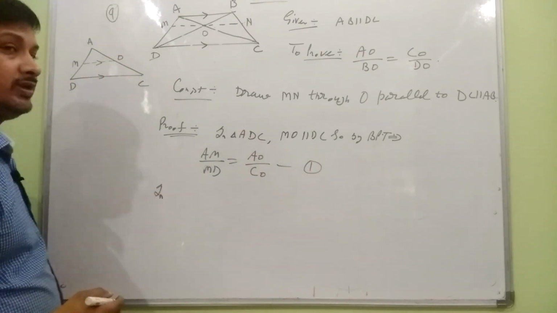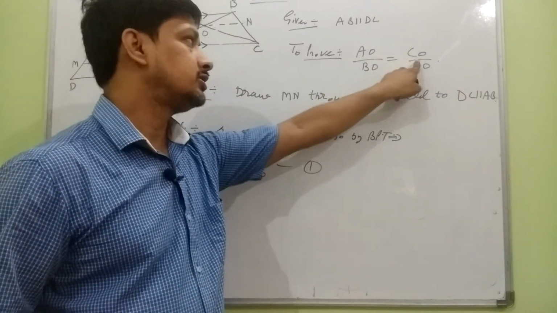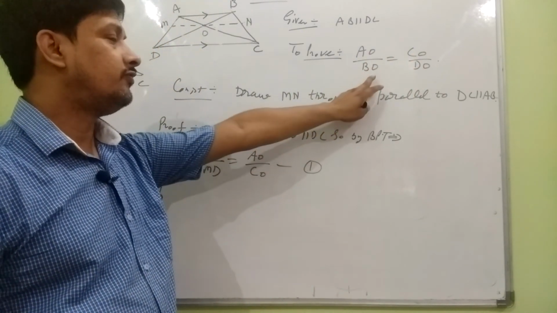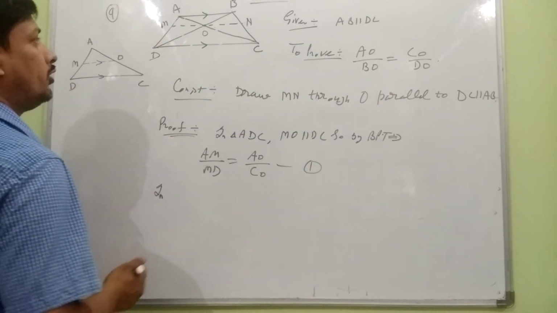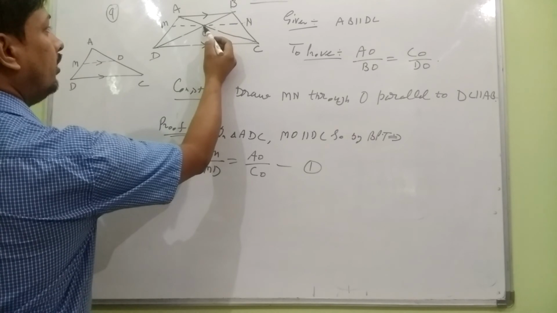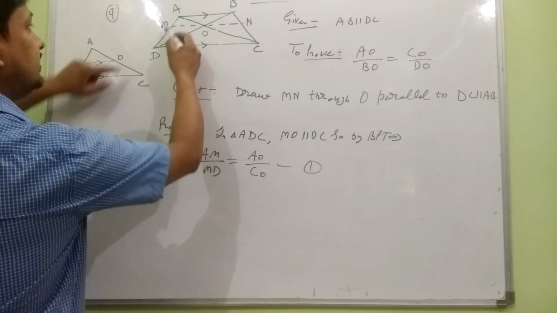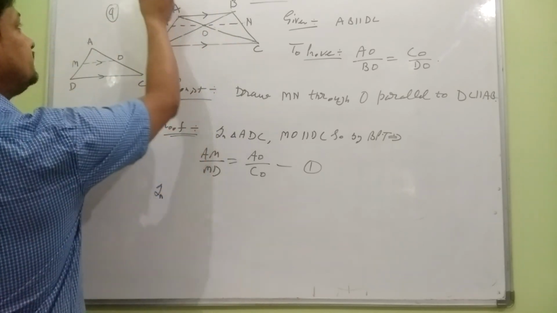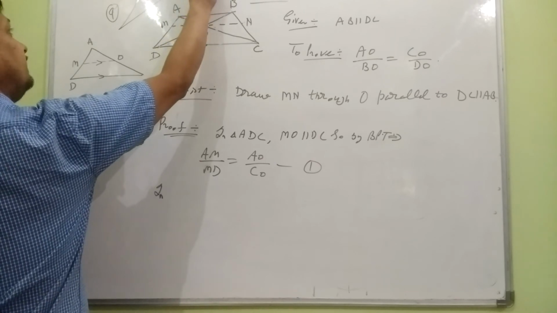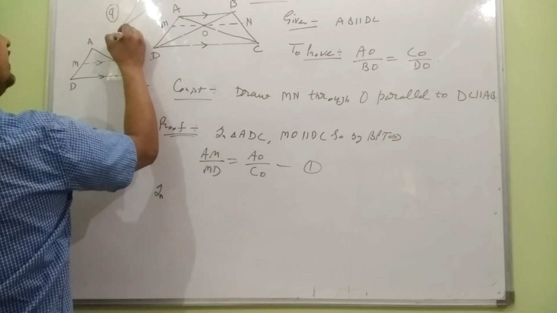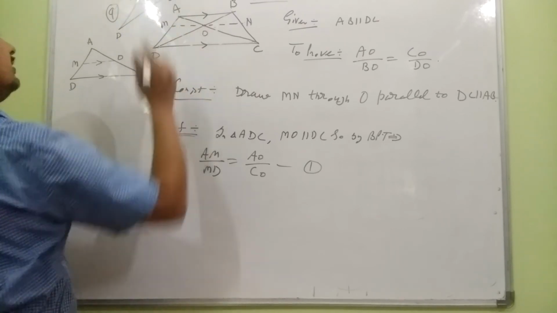Similarly, because we are looking for the result also, AO upon CO we got. Now we will work on BO upon DO. So from where can we get BO upon DO? Apply in this triangle ABD. This triangle is like this, A, B and D. Here also MO is parallel.